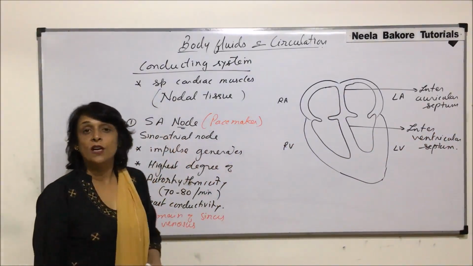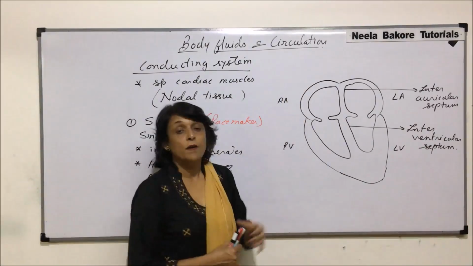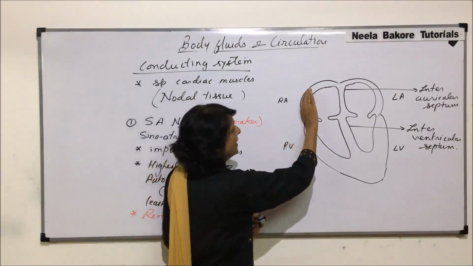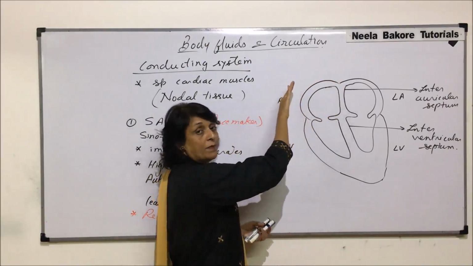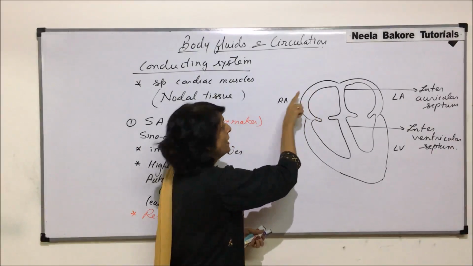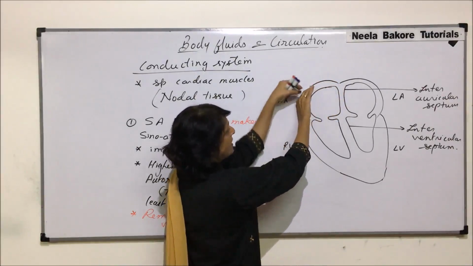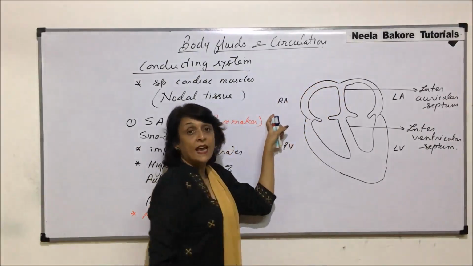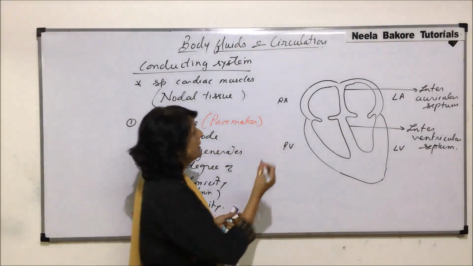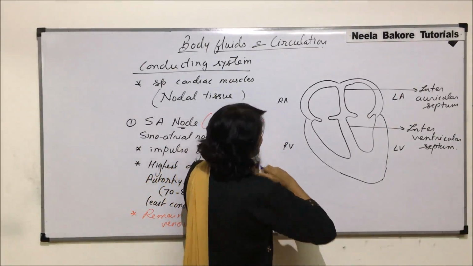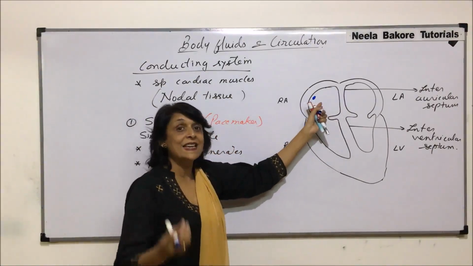Now, as we said, the SA node is located on the right side of the right atrium. If we try to imagine that this right auricle is a complete structure like this, then this side would become the right side of this compartment. Somewhere here, if you imagine a 3D projection, would be the SA node. Let us not get confused that it is inside.